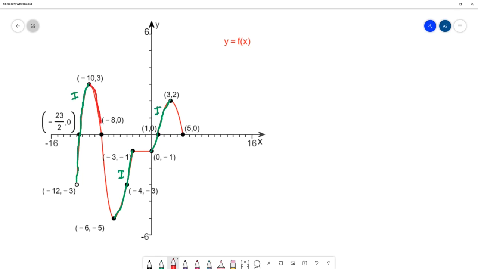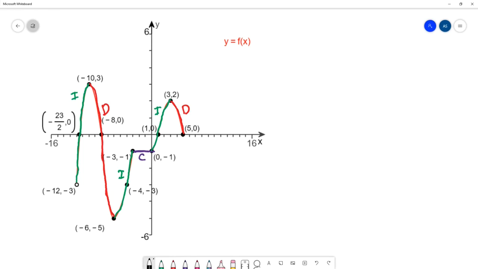Along this section, the graph is decreasing, and this section it's decreasing, and then we have this section where it is constant. When we write our intervals, the intervals that we write down are going to be x intervals. The x's describe where the increasing, decreasing, and constant is occurring.